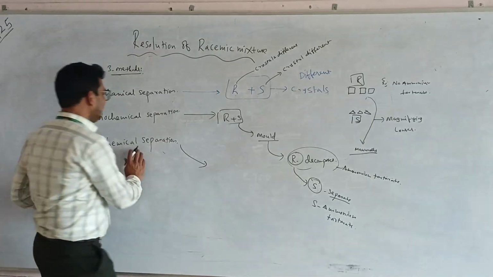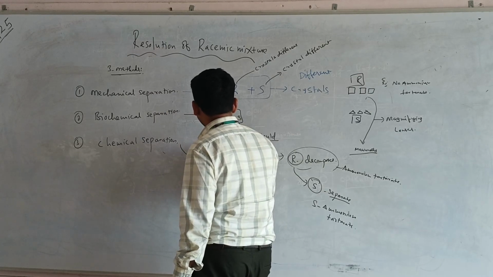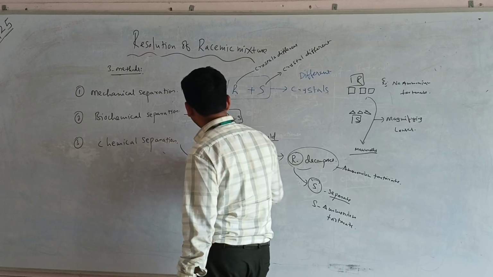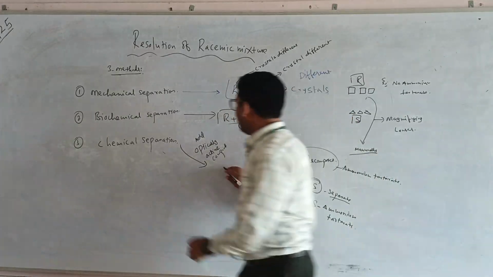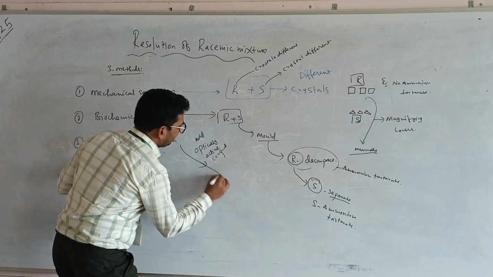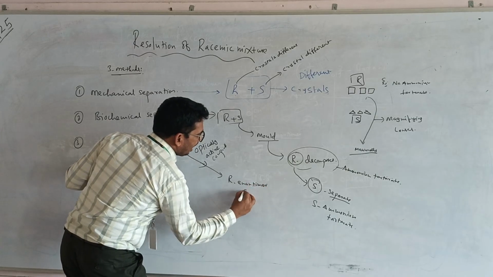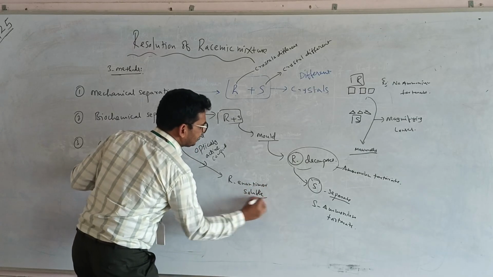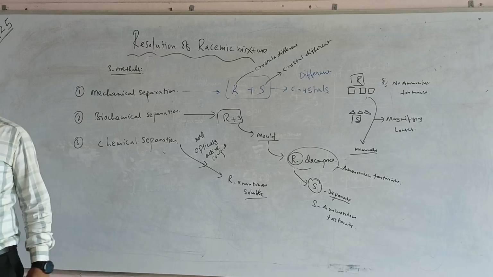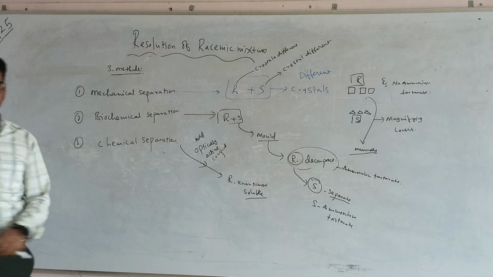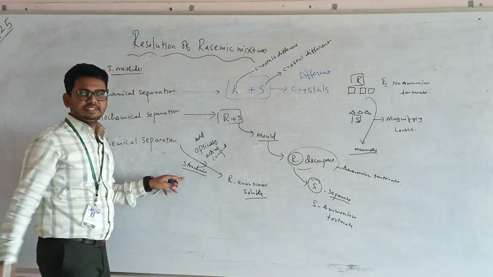For this, we add an optically active compound. Then one of the enantiomers becomes soluble. For example, the R enantiomer is soluble in the optically active compound. You can choose strychnine, which is an optically active compound.